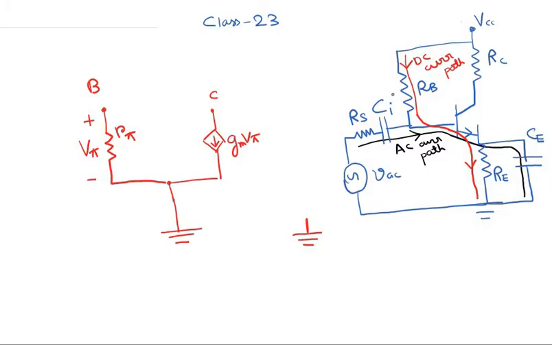Now we also have these resistors RB here, RC here, and RS here. Now this VCC is considered as a ground as far as the AC signal is concerned. So VCC is basically the AC ground, and between this AC ground VCC and the collector terminal, this resistor RC is basically connected. So we connect this resistor RC over here.